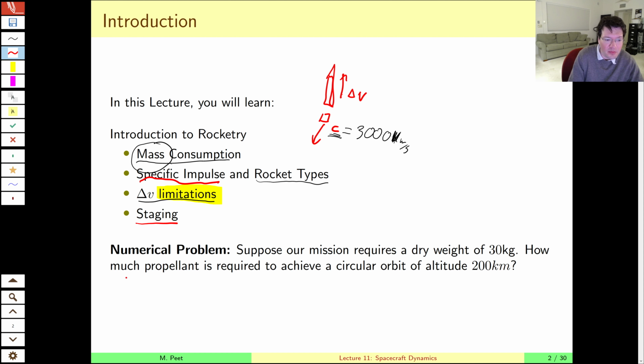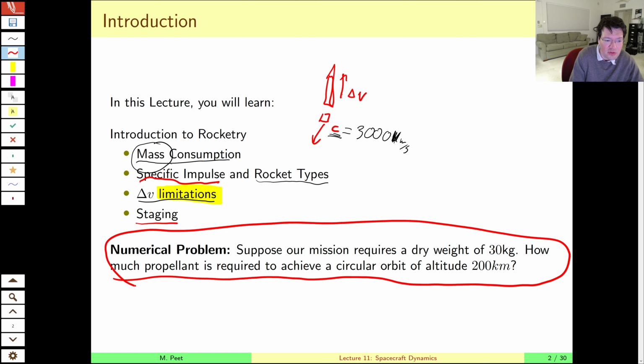So the basic problem that we've got here is this one. We have a dry weight, that's a payload. This is what we want to launch into space, 30 kilograms. And the basic question you need to ask before you do anything is how much propellant do we need?